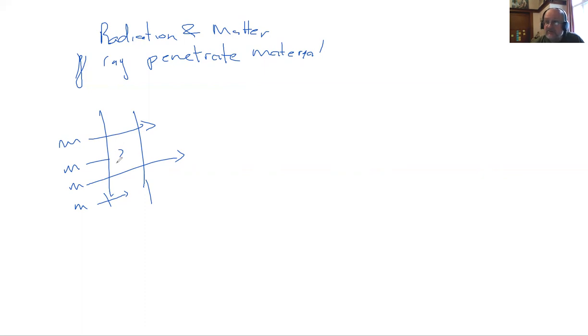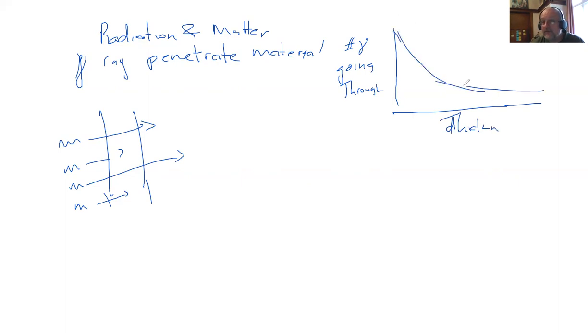And this works exactly the same. If you do a graph of the number of photons, or number of gamma rays, penetrating, going through, versus distance or thickness, then we end up with a graph that looks exactly like a half-life graph.